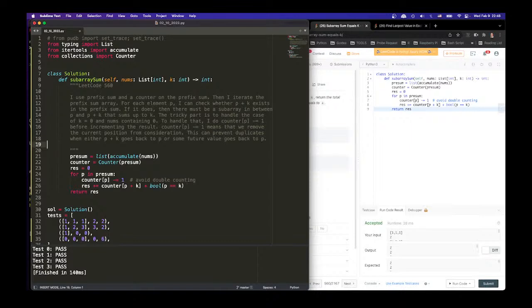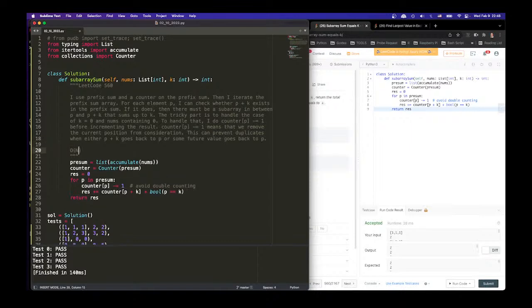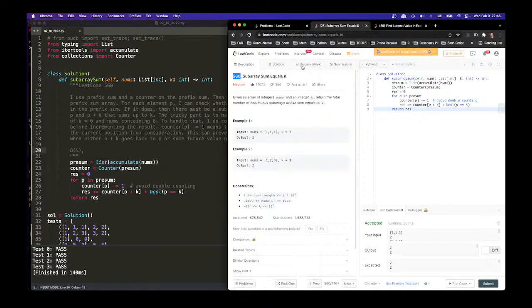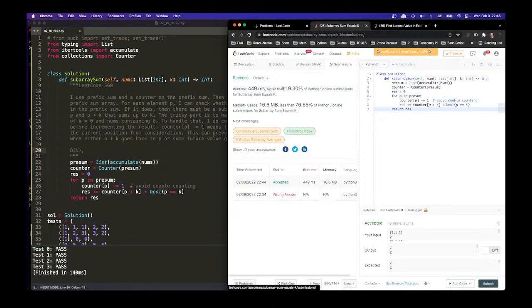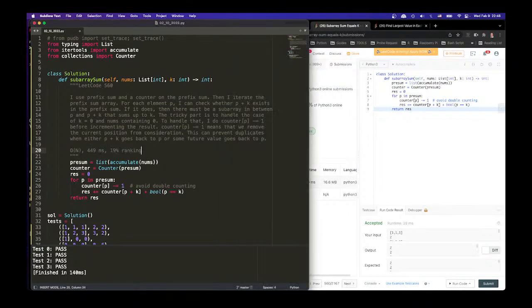This makes sense. Hopefully it makes sense. Okay, this is O(n). Runtime is not that comfortable, but we did pass this, with a 19% ranking.